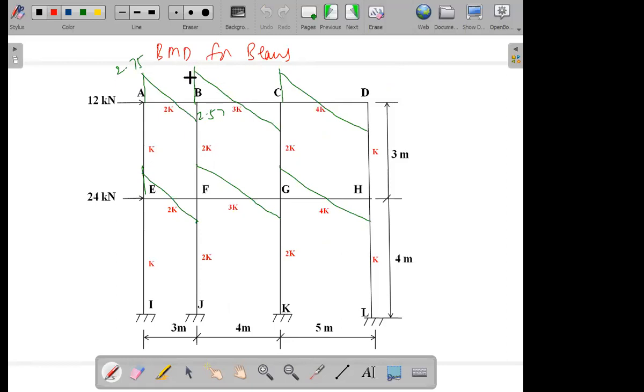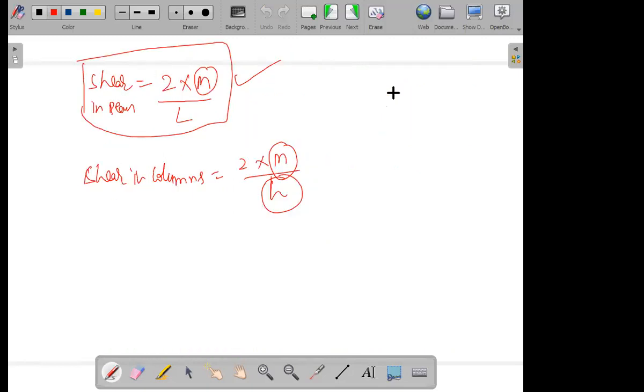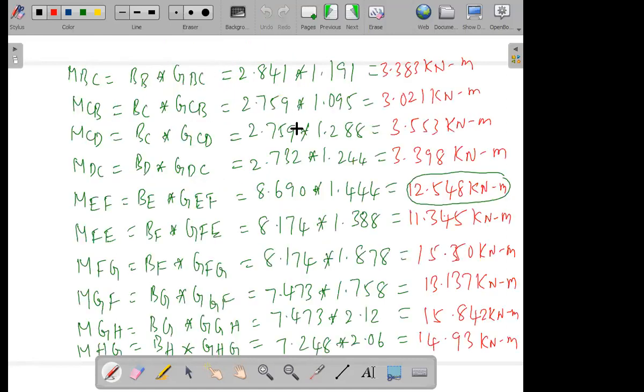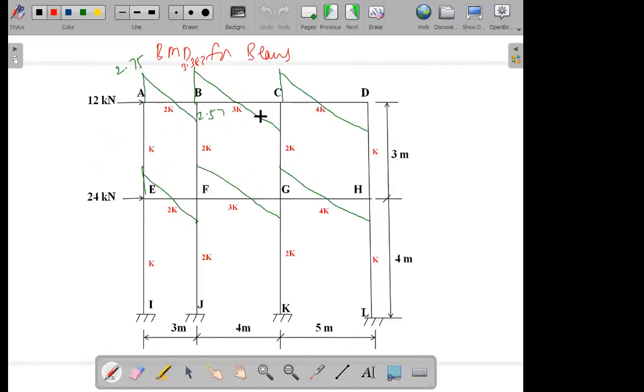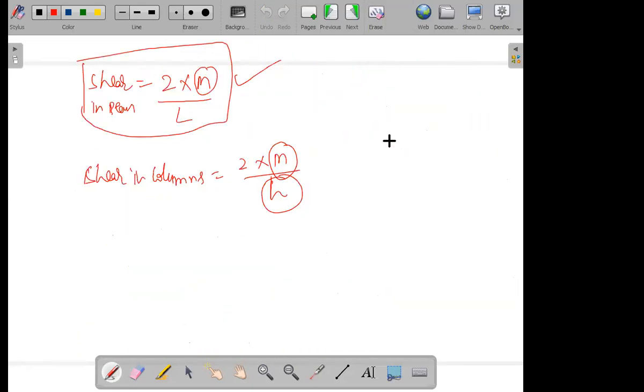What is the BA value? The BA value you have already written. And the BC value? 3.383. And the CB value? 3.021. CD value 3.553.